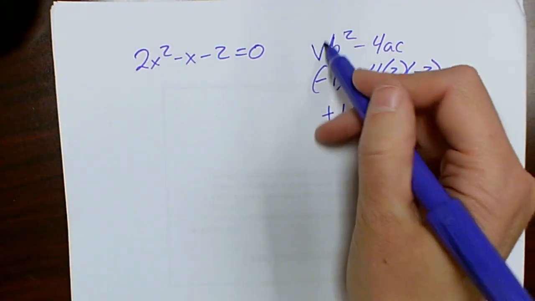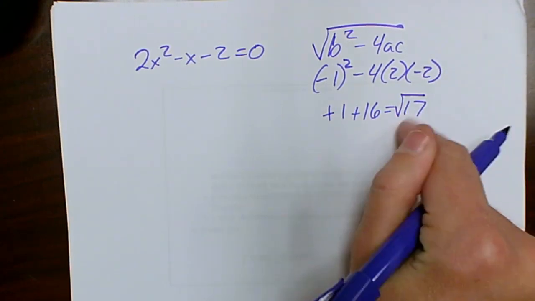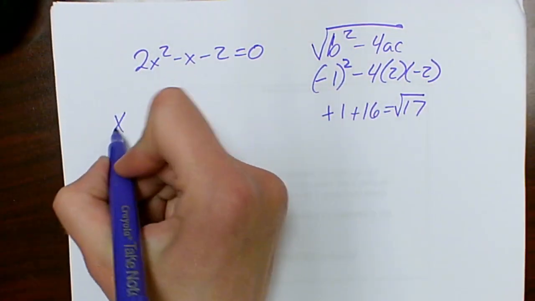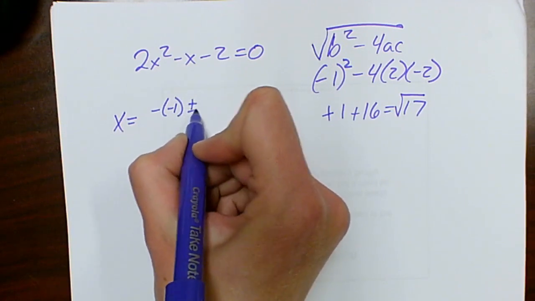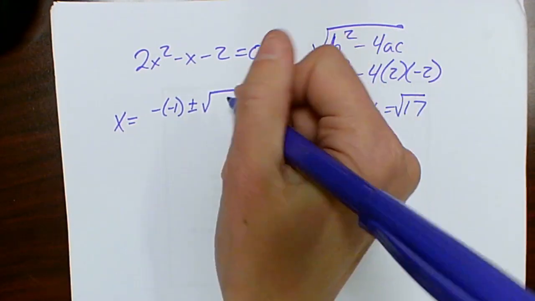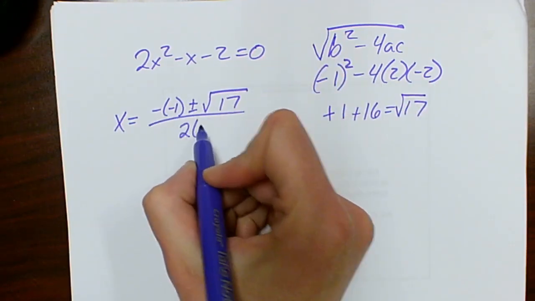However, half of it has already been done for you. So this is b squared minus 4ac off to the side. So x equals negative b plus or minus the square root of b squared minus 4ac, which we figured to be 17, all over 2a.